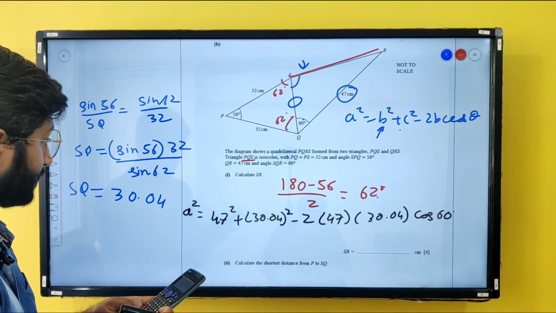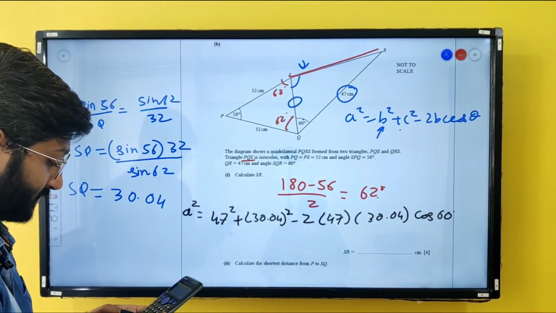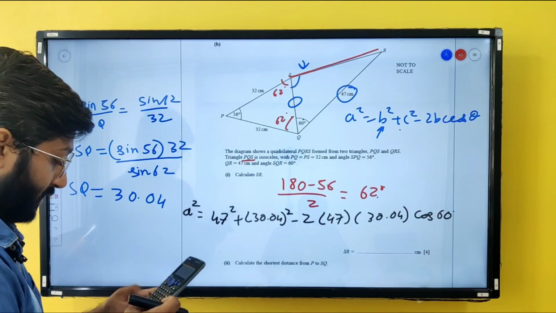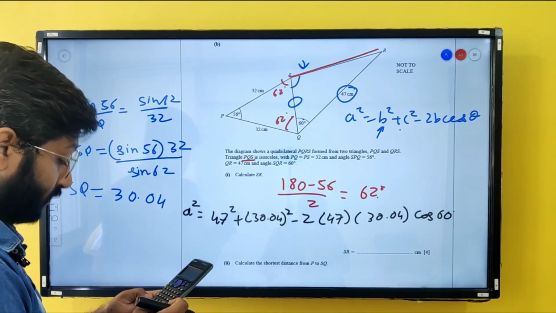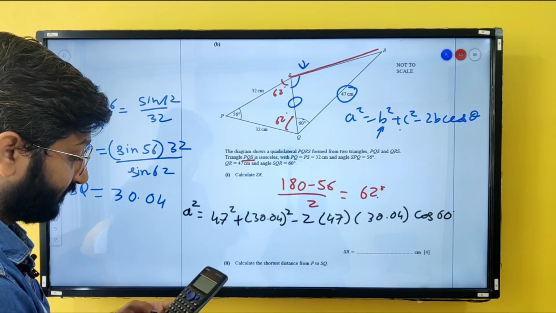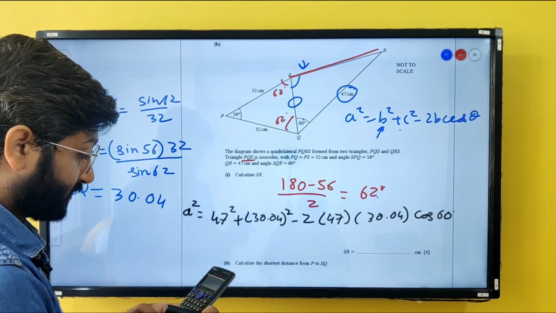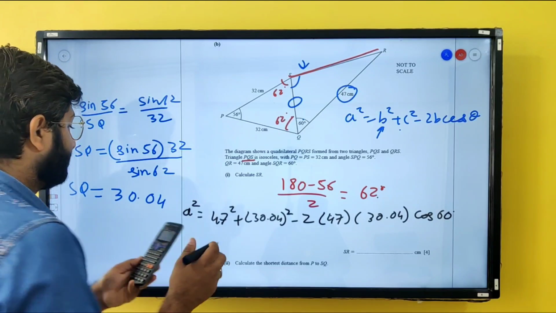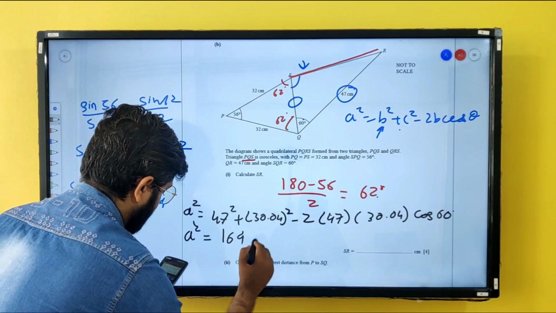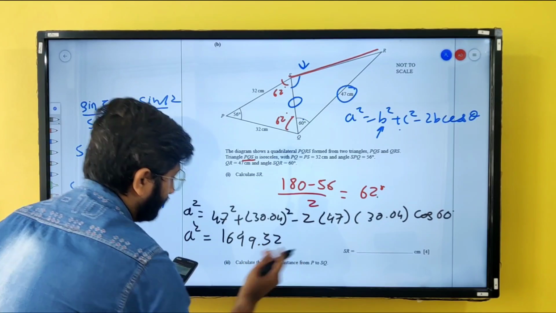Let me do this calculation: 47 square plus 30.04 square minus 2 times 47 into 30.04 into cos 60. You have the final answer of A square as 1699.52.